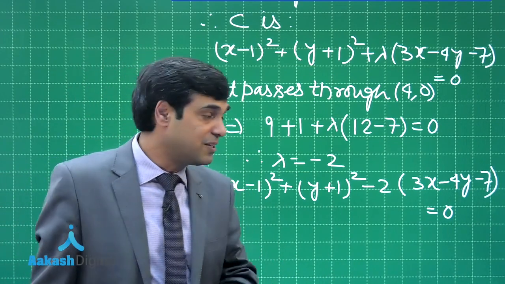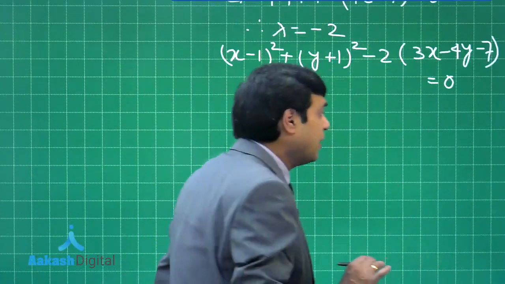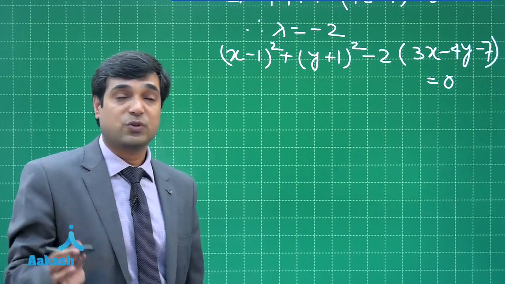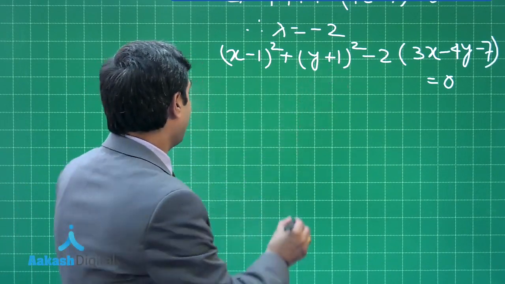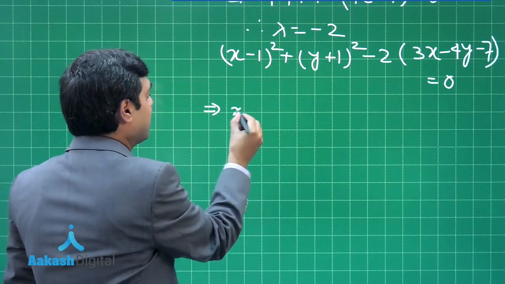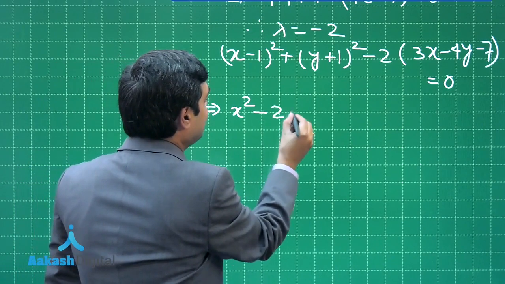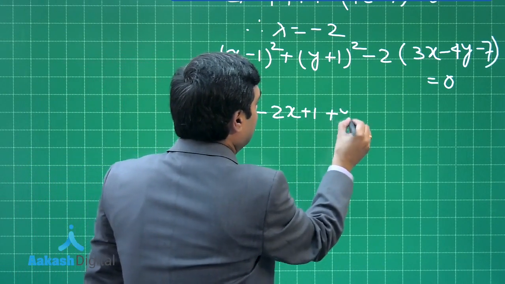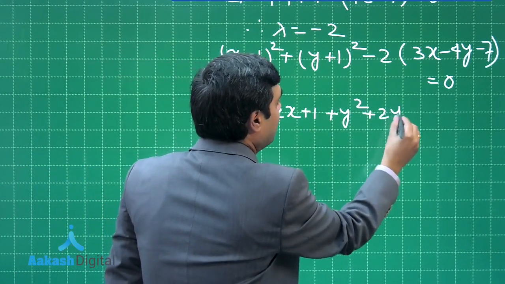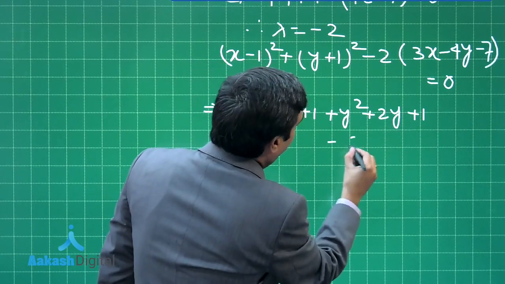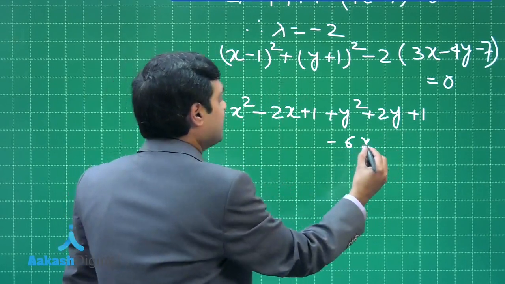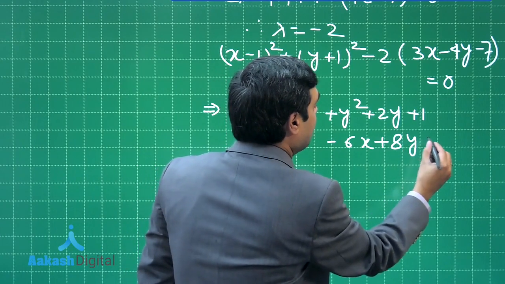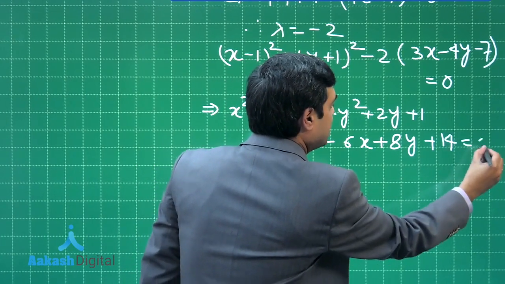Now, what is the radius of this circle? Radius is given by root of g² + f² - c. So, we need to expand this circle as x² - 2x + 1 + y² + 2y + 1 - 6x + 8y + 14 = 0.